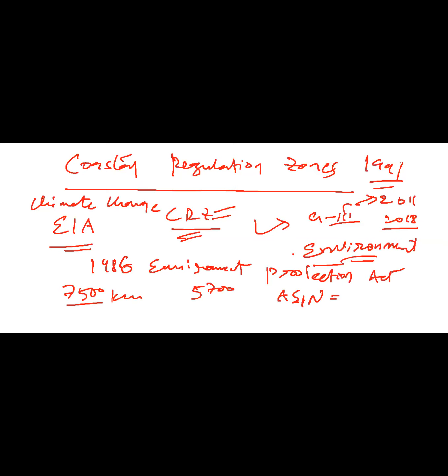As we discussed, the ultimate purpose of this regulation is sustainable development. On one side we are protecting the coastal environment, and on the other side we are also allowing for development.